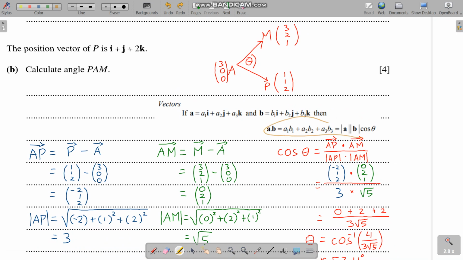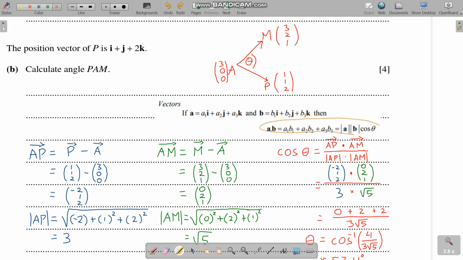If you rearrange, from A dot B equals magnitude of A times magnitude of B times cos theta, you divide, and you get cos theta equals A dot B divided by magnitude of A times magnitude of B. It is from this formula.